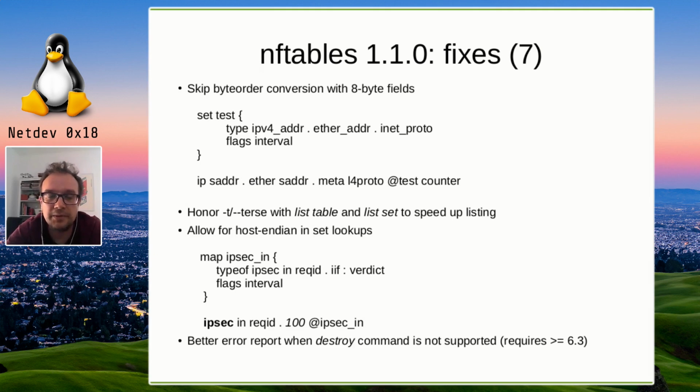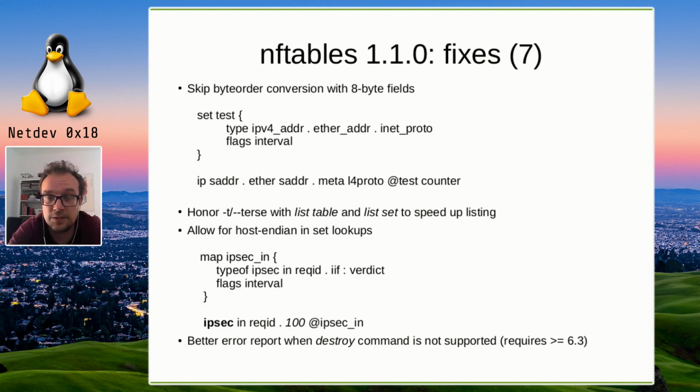We have better reporting now. There is a destroy command which is supported since kernel 6.3. The semantics of this command is basically to allow to destroy an object, either table, chain, rule, set, anything that we don't know if it already exists.